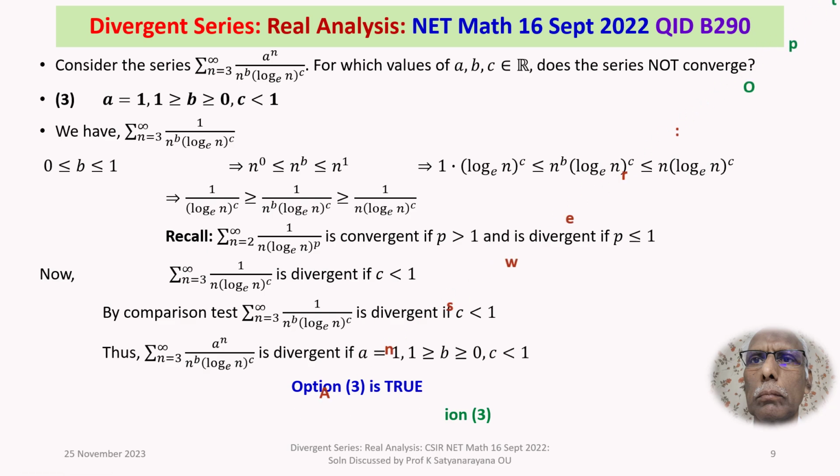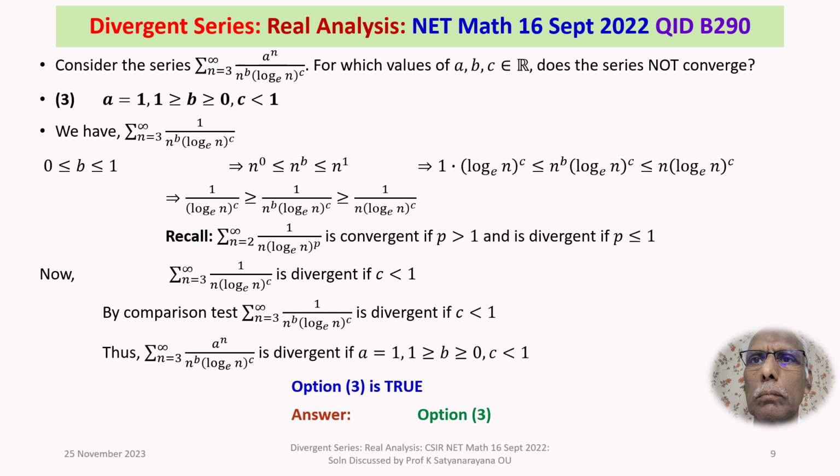That is the detailed discussion of the solution of the problem from the section real analysis which is related to divergent series. I will add one line here. What you do in the examination may be entirely different.